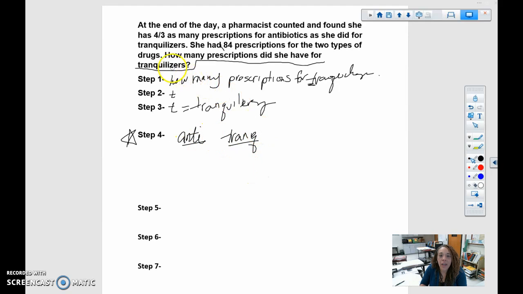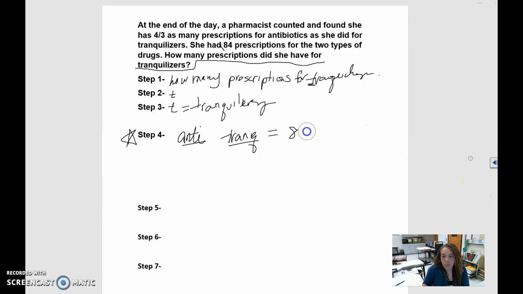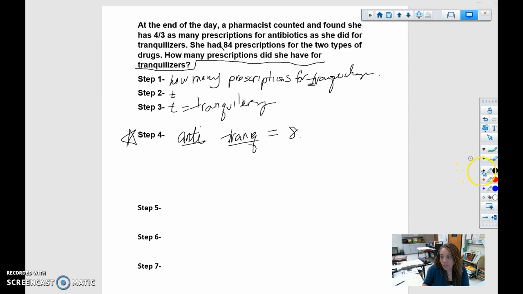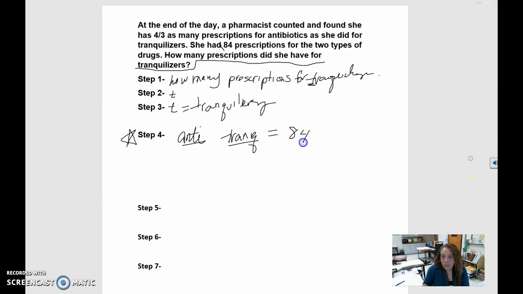And I know that she had 84 prescriptions for the 2 types. So for the 2 types, that means both those types together are 84. So I know that those together are going to equal 84, total.